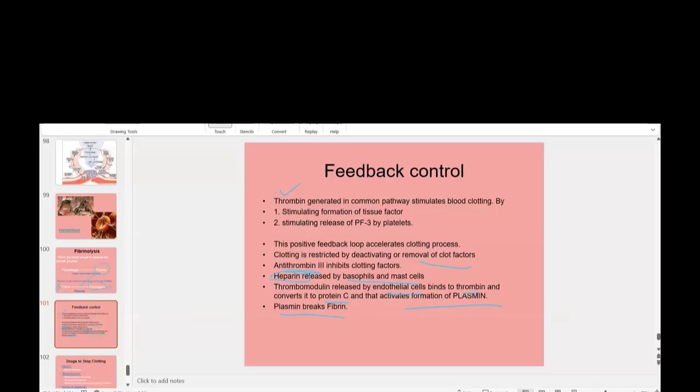Okay, so once the work is done, the clotting process has been completed, these are the agents or the elements that will help in clot removal or dissolving the fibrin. Heparin is one of them, thrombomodulin is one of them, and ultimately it will lead to the formation of plasmin that will break the fibrin.